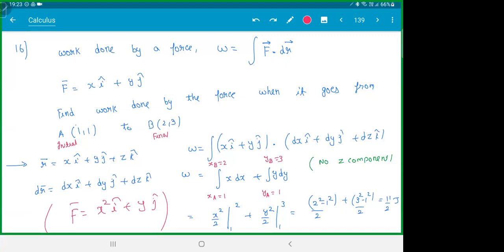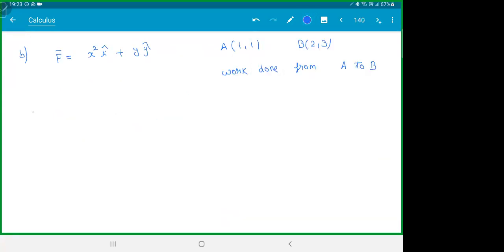19/3. Let's see. 19/3. Okay, 2 people got it, must be the answer. So the idea is the same thing here. The work done will be the integral of x square i cap plus y j cap, you can also write 0 k cap, not given, dot dr. If z is also given, you would have put z coordinates also.